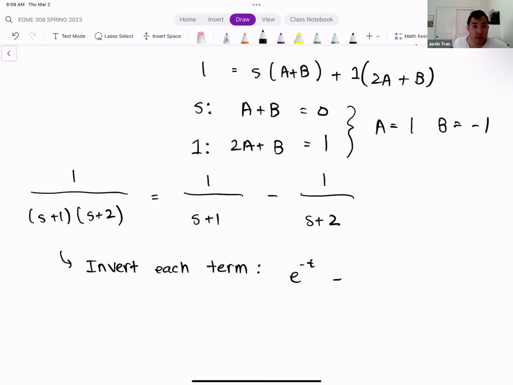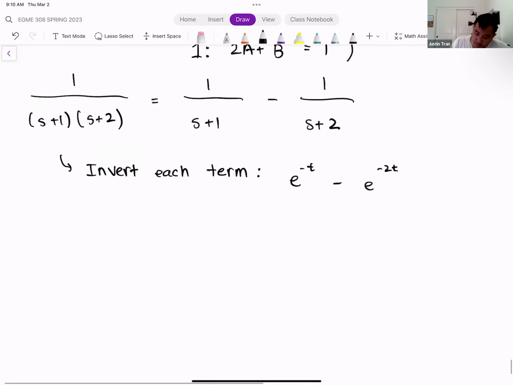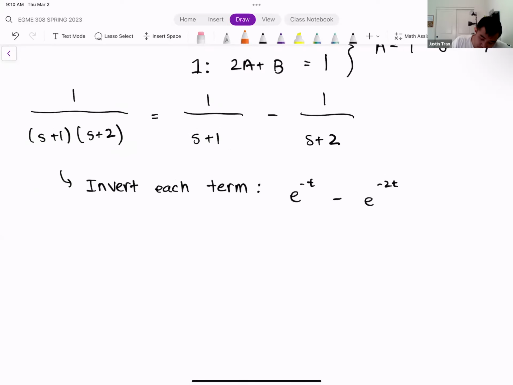Then let's invert the 1 over s plus 2. That's very similarly an exponential function, except it's going to be e to the minus 2t. So this e to the minus t was the 1 over s plus 1, and this e to the minus 2t is 1 over s plus 2.